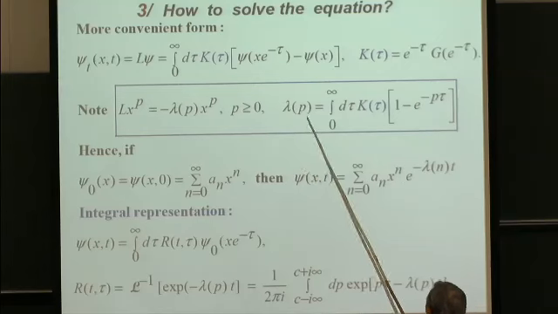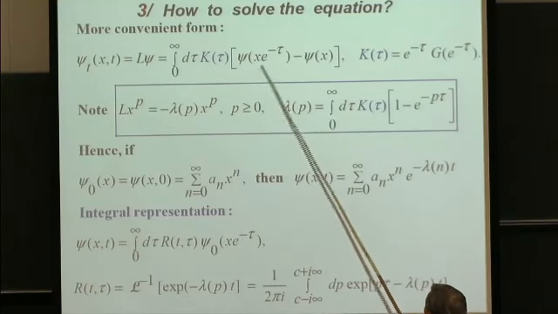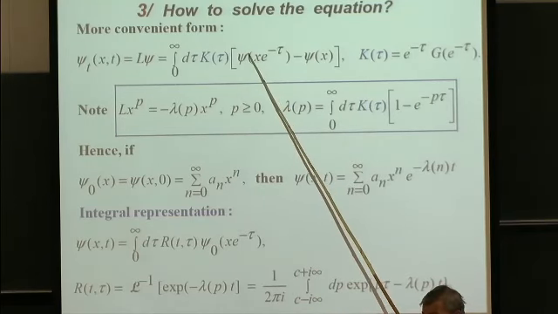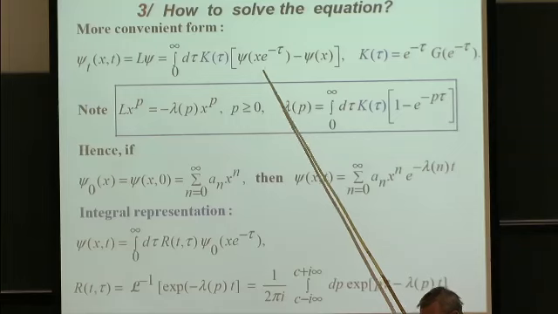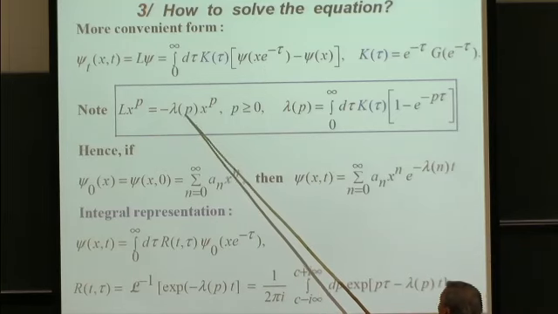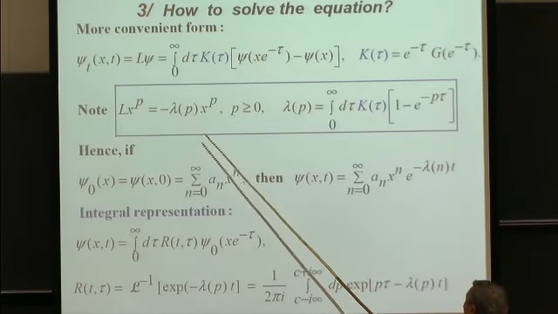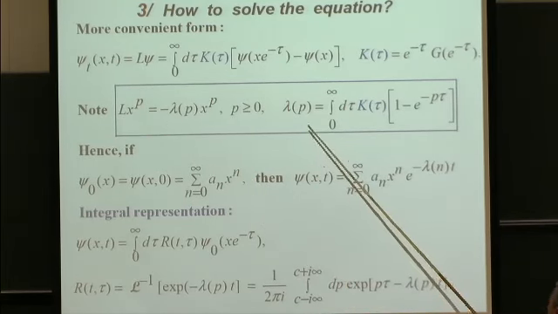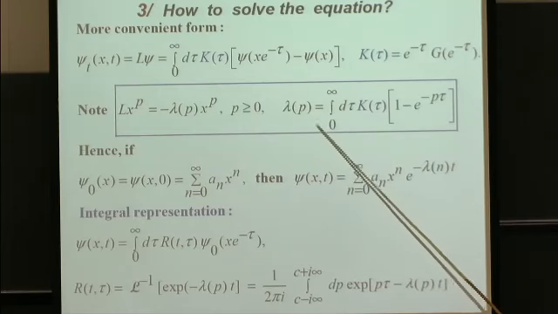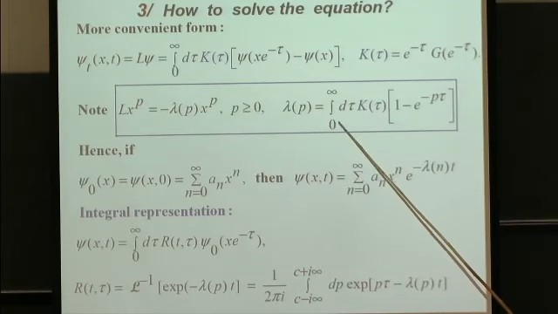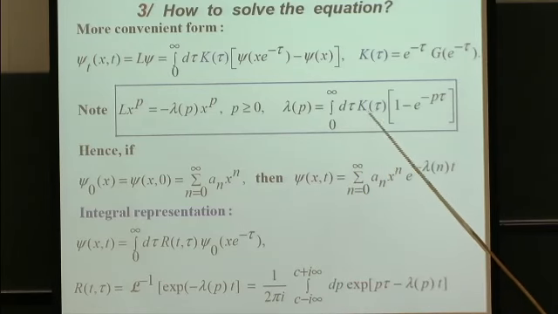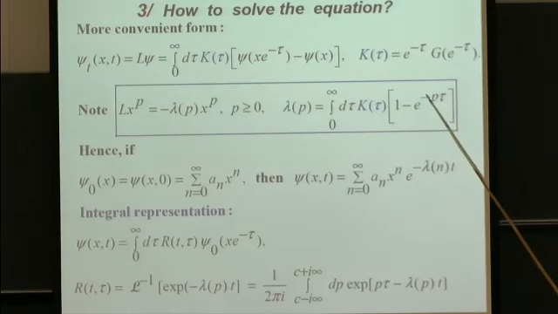You simply substitute x to the p here, and you see it immediately. The eigenvalues are given by a simple formula: lambda of p equals the integral from 0 to 1 d tau k of tau times 1 minus exponential of minus p tau.